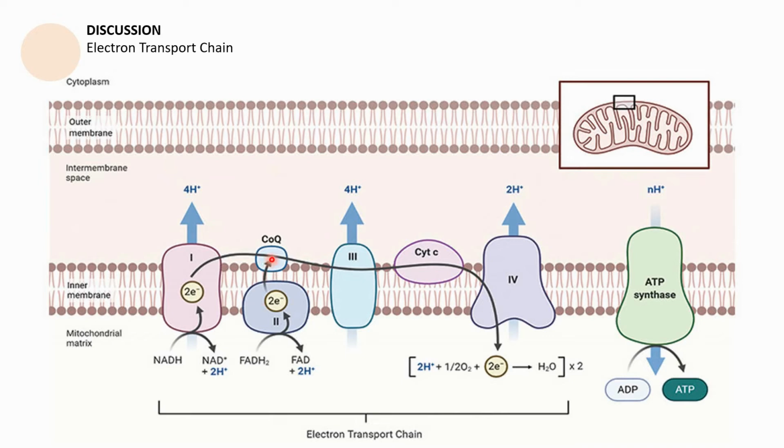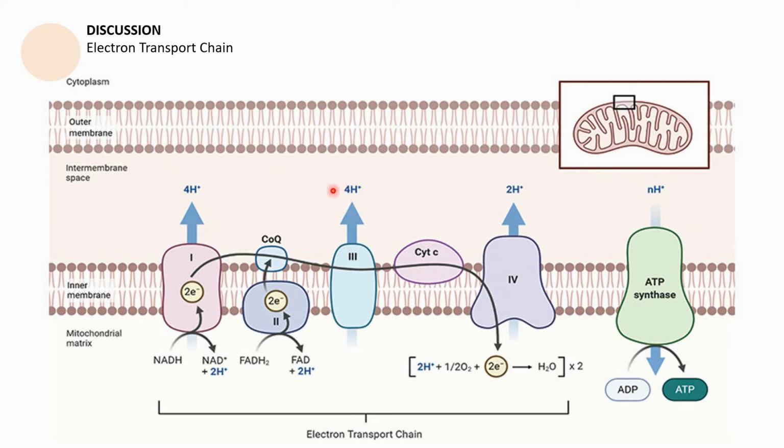So, ang mangyayari sa kanya, it will be facilitating the transport of electrons from these two systems to system 3. And because they arrived in system 3, energizing system 3, what happens now is hydrogen ions are going to be transported from the mitochondrial matrix to the intermembrane space.